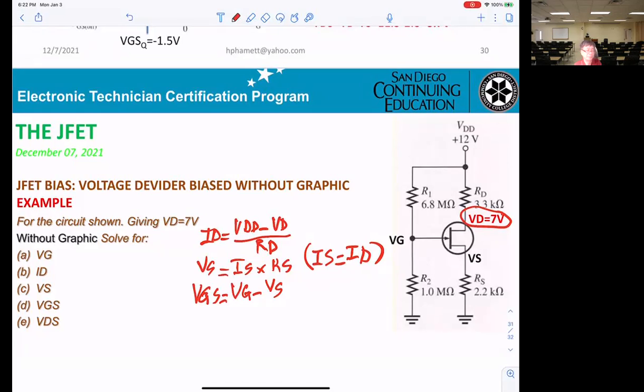And the last one, VDS. VD minus VS. You already know VD.